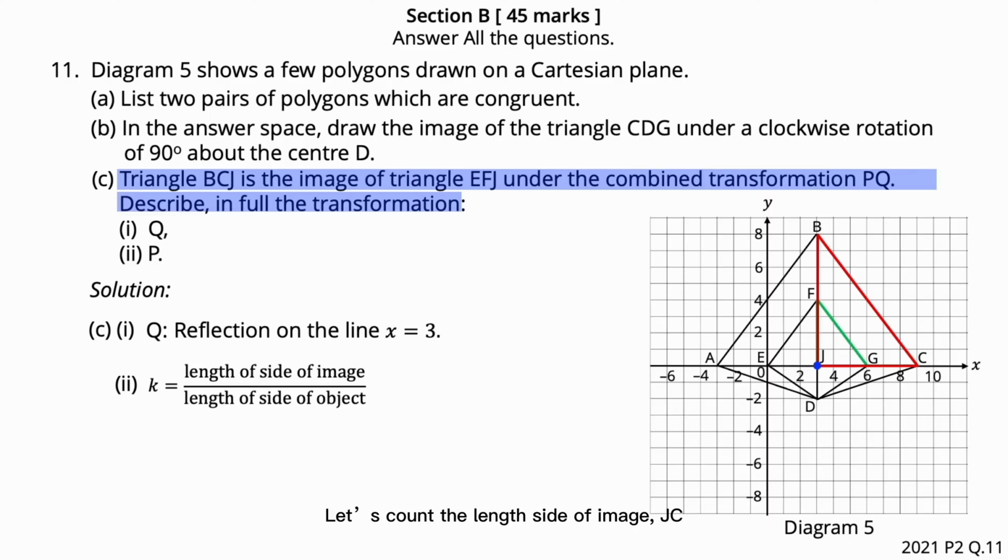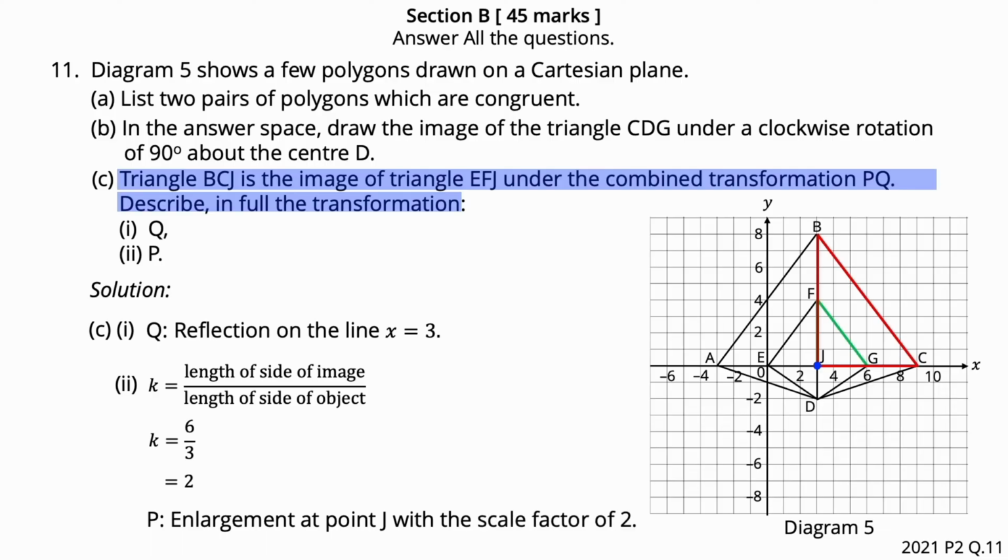Let's count the length of side of image JC: 6 units for JC, and count the length of the corresponding side of object JG: 3 units for JG. 6 divided by 3 equals 2. The scale factor of 2 means the triangle BCJ obtained is twice the size of the triangle FGJ. Then, P is an enlargement at point J with a scale factor of 2.